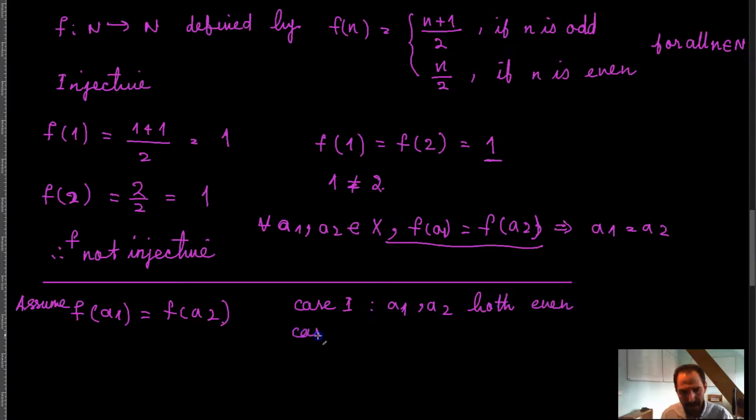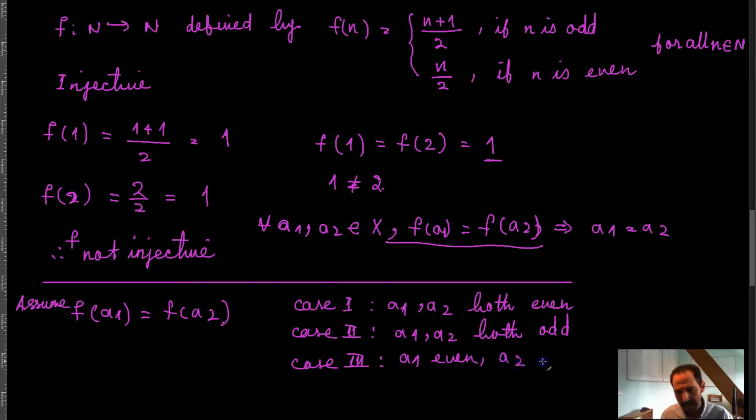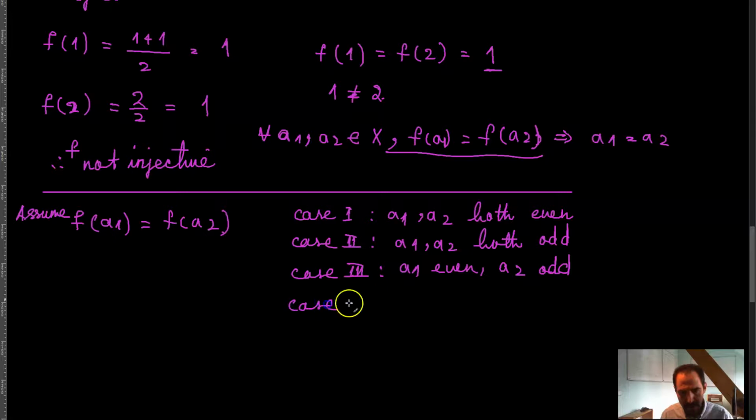There is another case, case 2, where a1 and a2 are both odd. There is another case 3, where a1 is even and a2 is odd. And there is another case, case 4, where a1 is odd and a2 is even. So now we can consider all of these 4 different cases.